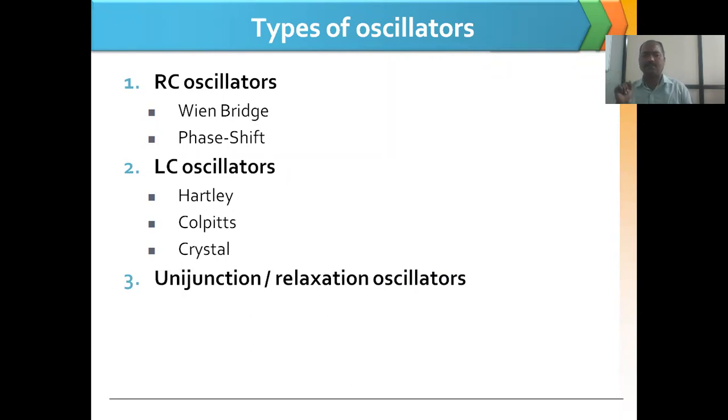Note down: RC oscillators are used for low frequency signal generation, LC oscillators for high frequency signals. In Hartley, Colpitts and crystal oscillators, inductive and capacitive elements are used, while in the RC configuration we use resistance and capacitor elements. Okay.